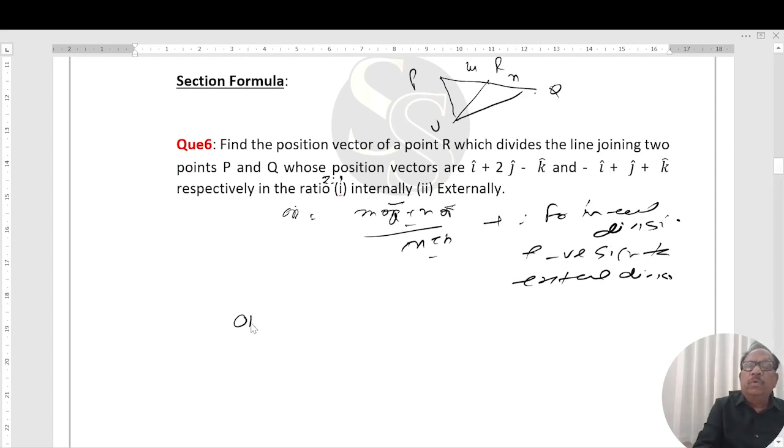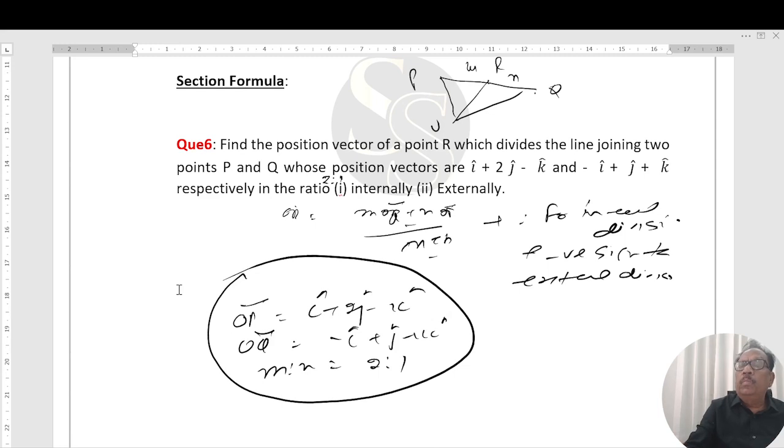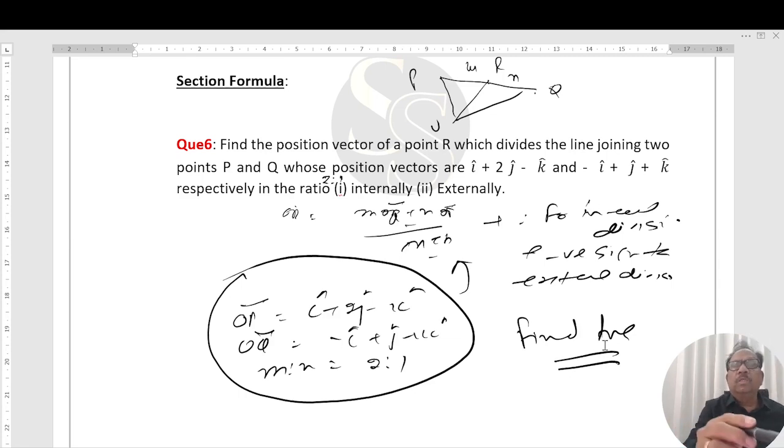OP is given to you here, i plus 2j minus k. OQ is given to you, minus i plus j plus k, and m is to n, that is 2 is to 1. All the values are given to you. Put in the formula, find the answer. Put in the formula and simple calculation is pending. This is about the section formula.